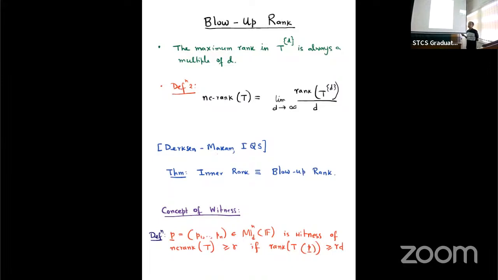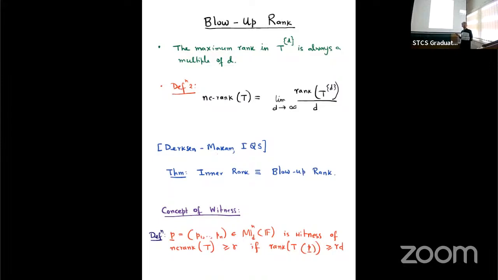Why can't we just zero out the last row and column? Yes, but the maximum includes all of these things, so it's at least as large as the previous one. If I'm looking at D plus one, all the D-dimensional matrices are embedded inside the D plus one dimensional matrices.